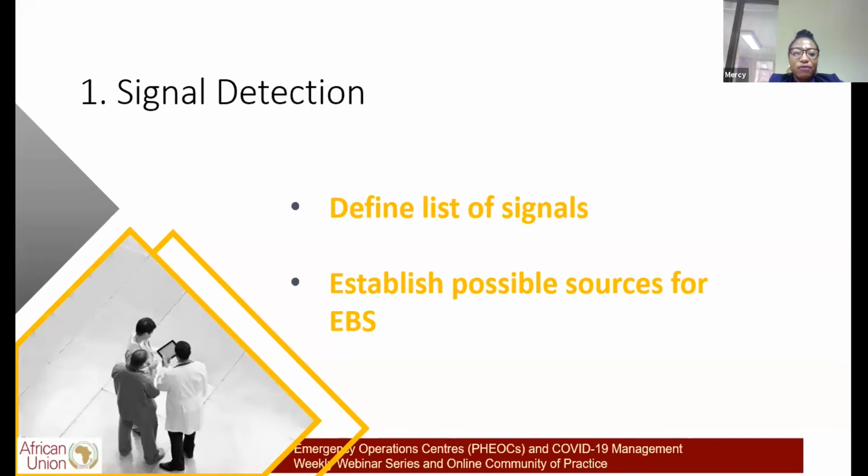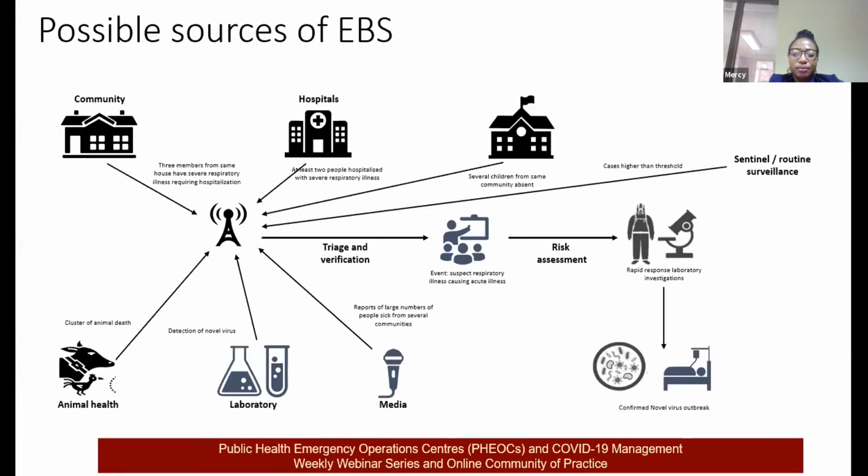So to be able to detect efficiently with minimum white noise, we must clearly define our list of signals and disseminate these signals at all levels. Once this is done, it is important to establish a list of sources, and this list of sources should be tailored to the local context, because the sources in country A might not apply to country B. So let's begin by looking at the different sources where we can detect signals and events from. Next slide.